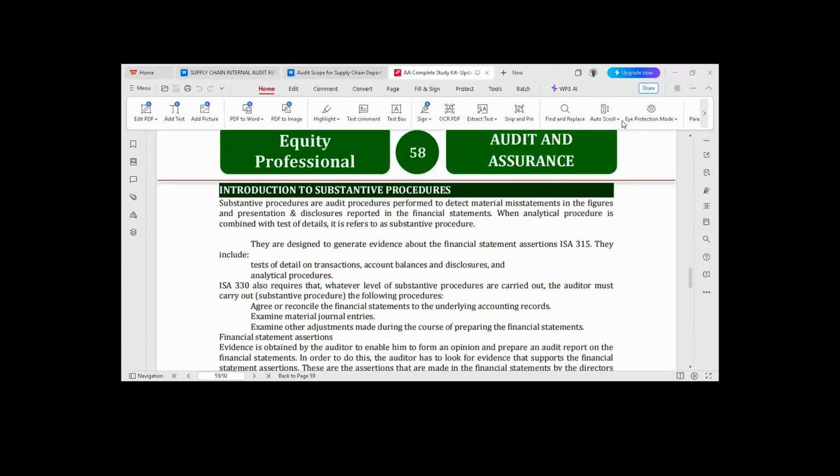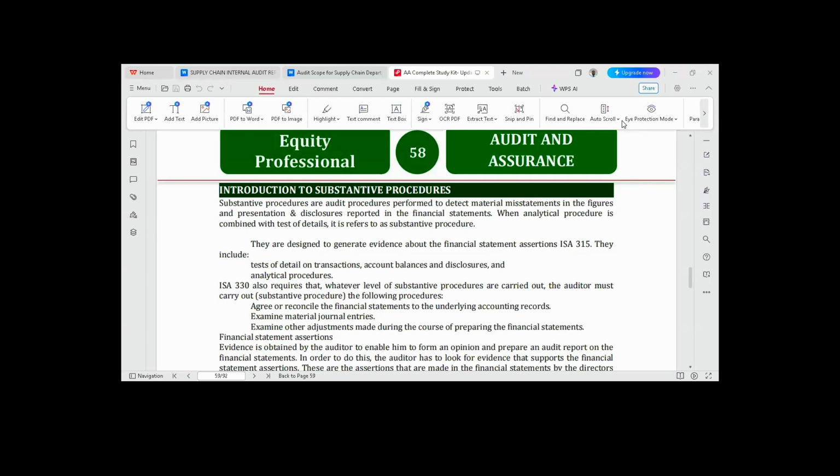So you select some transactions and you test them against the information that you derived from the client management, to be sure that the information that you got can be relied upon or not.